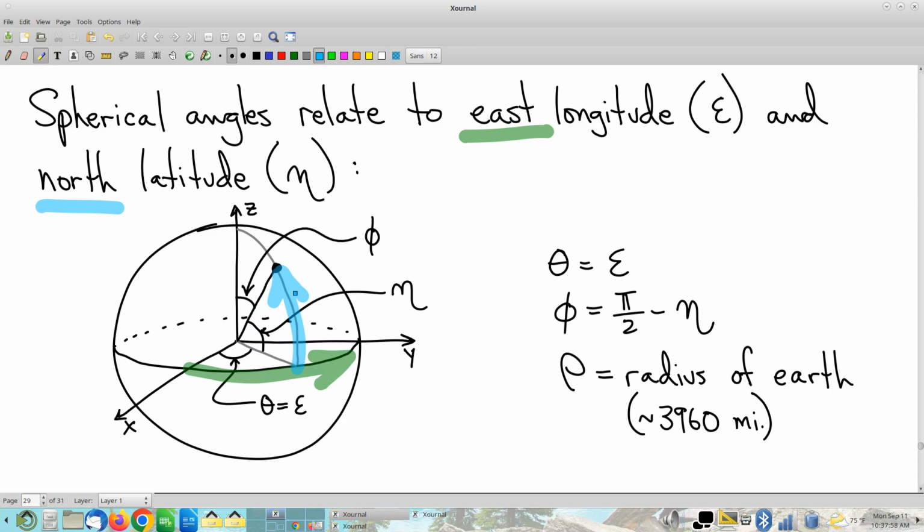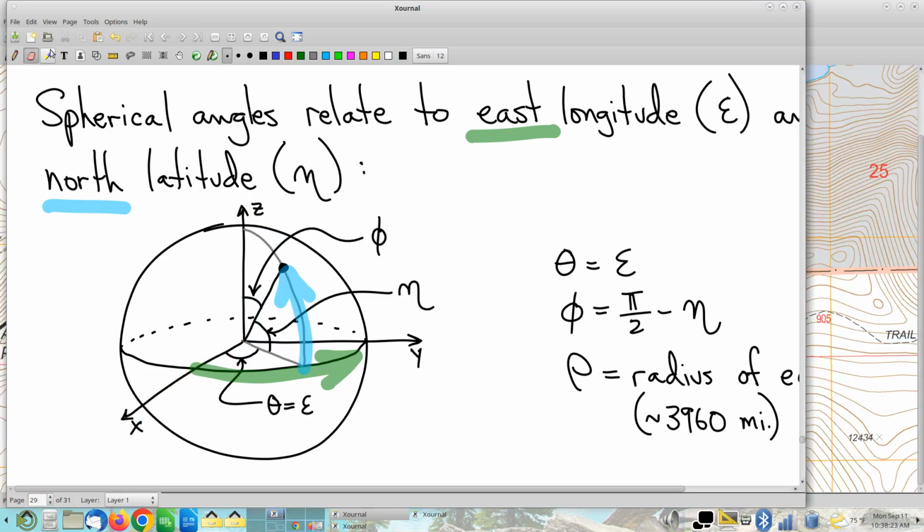Okay. So a couple of nice observations to make here. For one thing, if you set up the globe with the North Pole being on the positive part of the z-axis and the positive part of the x-axis going through the prime meridian and centered at the origin, as figured.